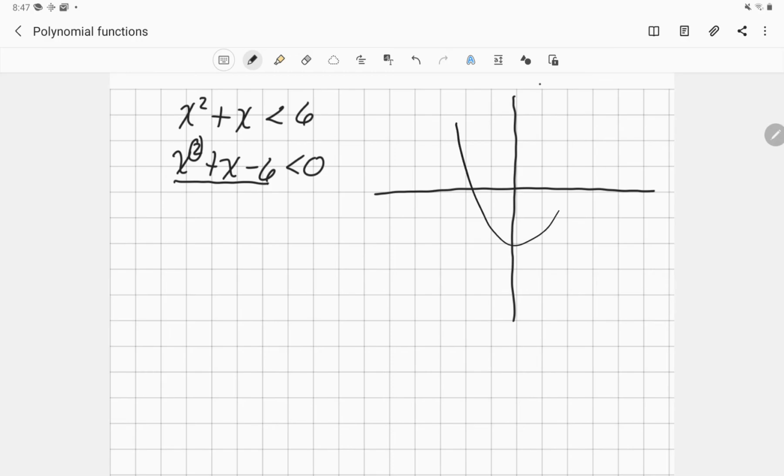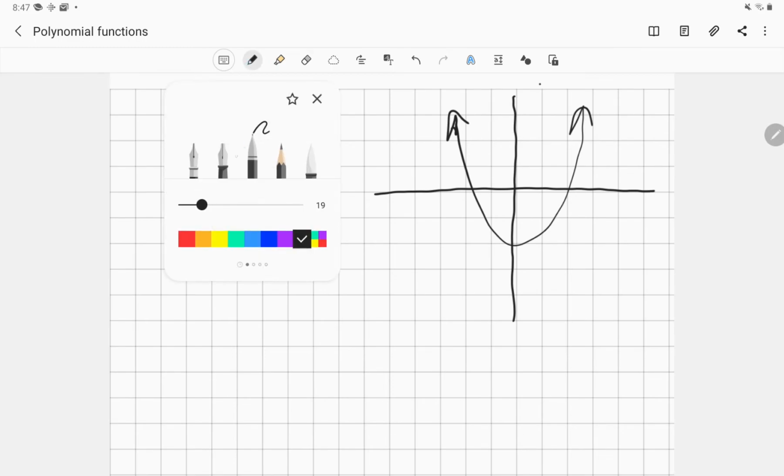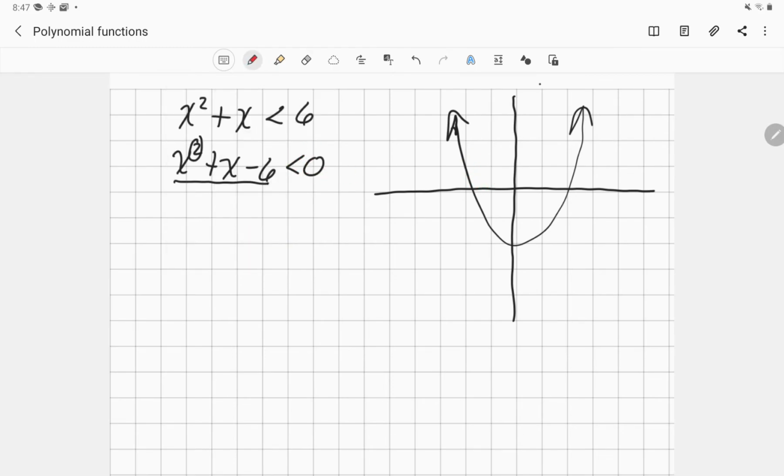But let's just say it does this. What you are looking for is where the graph is less than 0, so below the x-axis. So it would be from here to here. And what you would have to figure out is where is here and where is here. So you could do it by graphing.